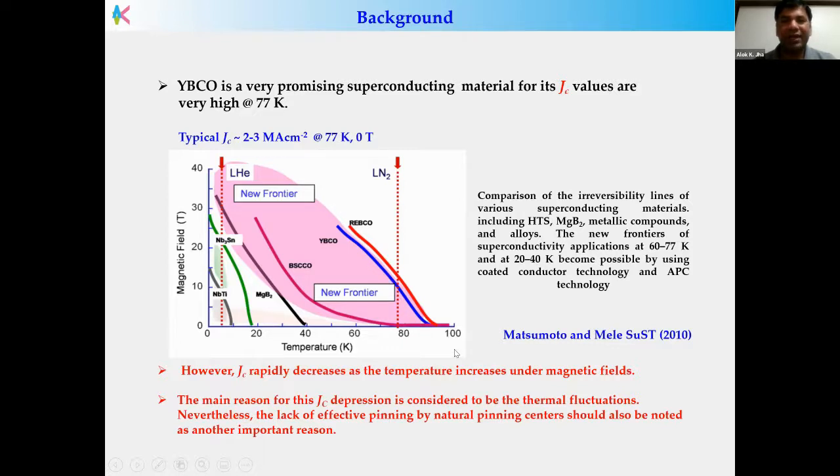So the range of application can be thought of in a much larger magnetic field and temperature window.